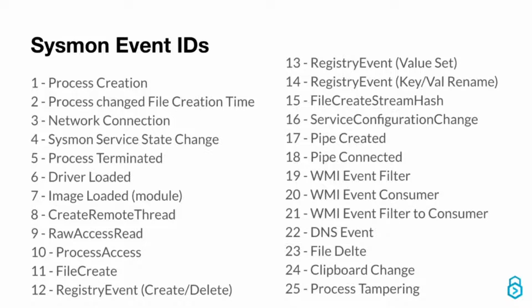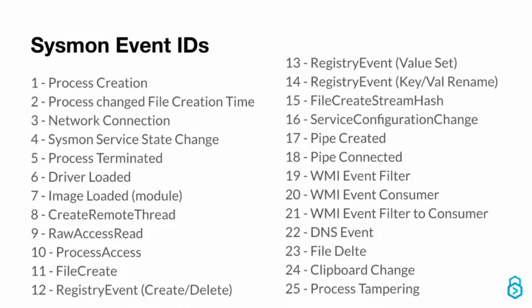Now, if we were to log all of this information, absolutely every network connection your system makes or is made to your system, every single process that's created, every DNS lookup event, every file creation, that's going to be super noisy, right? There's just a lot of data to look through, and then think about that at the scale of an enterprise. You have thousands of computers with active users on them.